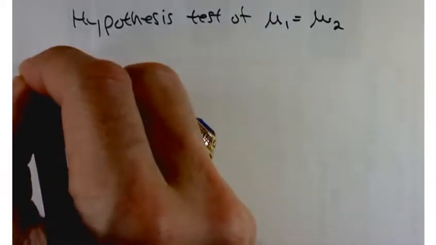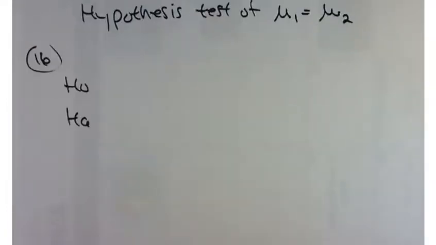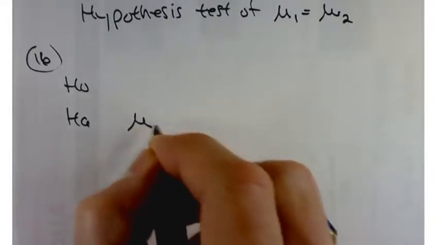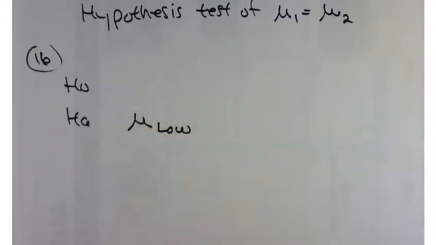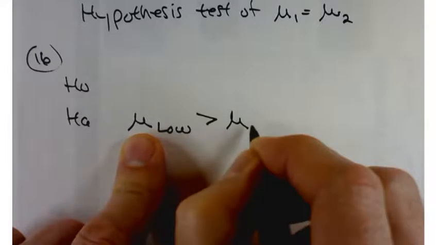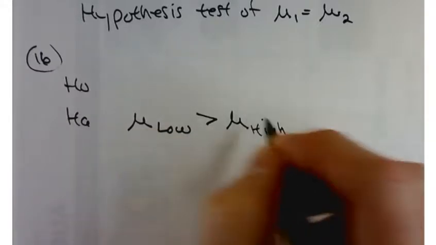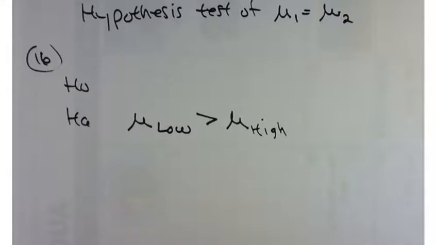Now our original claim here in problem number 16 is that the mean IQ of people with low blood lead levels is going to be greater than that of people with high blood lead levels.